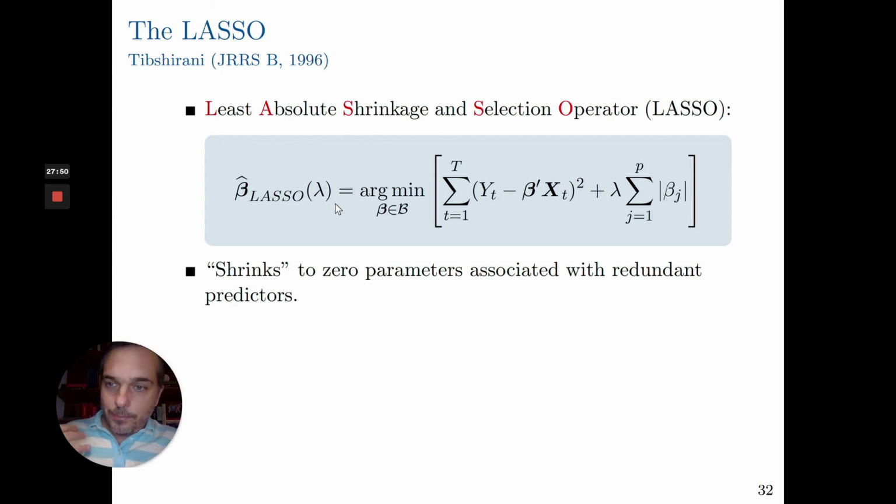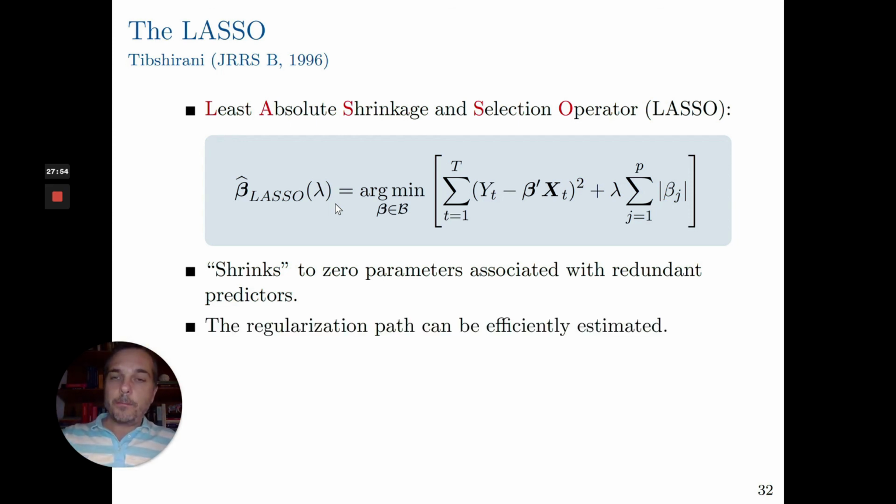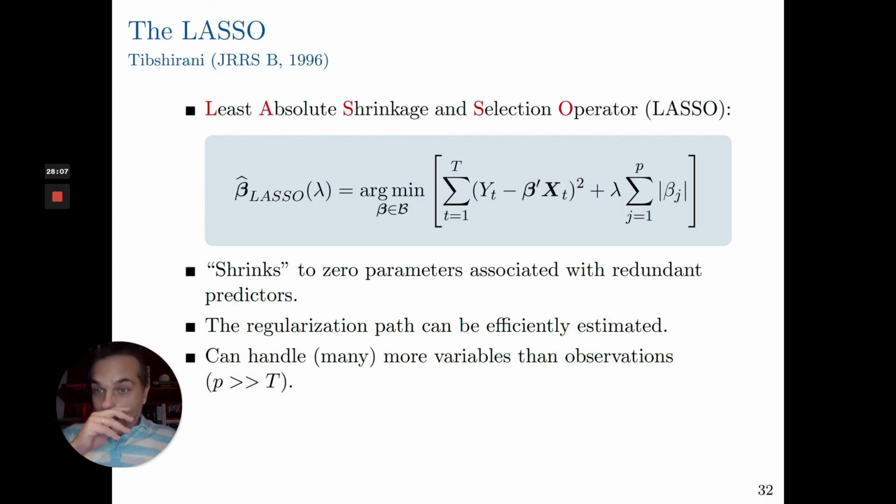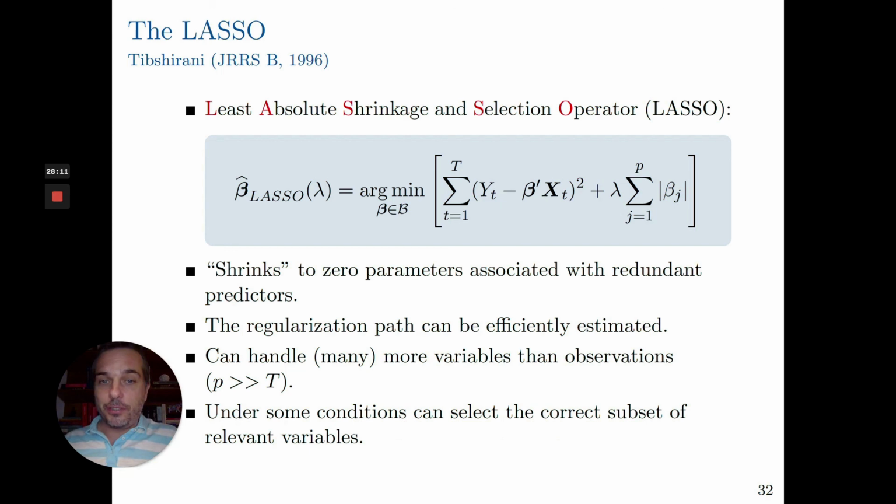We still shrink the coefficients towards 0. Okay? I'm going to show you that the value of lambda can be recovered with the optimal value of lambda. And you can handle many more variables than observations. Okay? And under some conditions, we recover the sparsity structure.